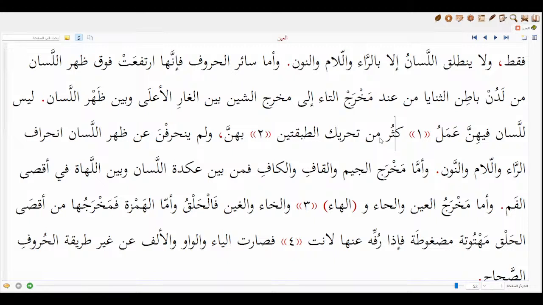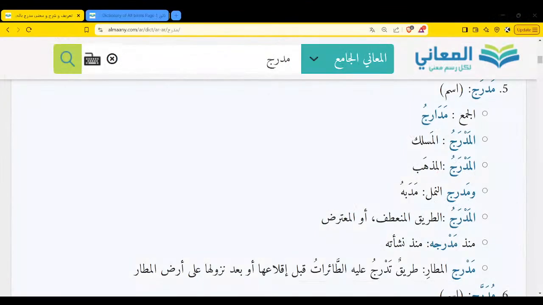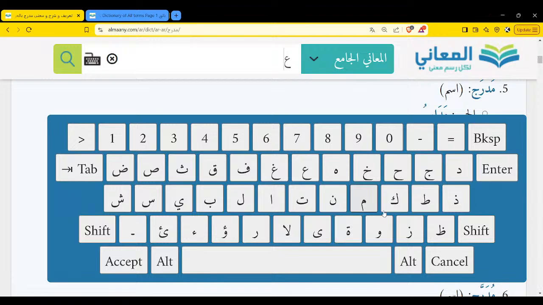Allahu a'lam. وأما مخرج الجيم والقاف والكاف فمن بين عقدة اللسان وبين اللهات في أقصى الفم. As for the pronunciation of Jim, Qaf and Kaf, this is pronounced from the Aqda of the lisan. Let's see what the i'rab and the meaning of Aqda is. Bismillah.